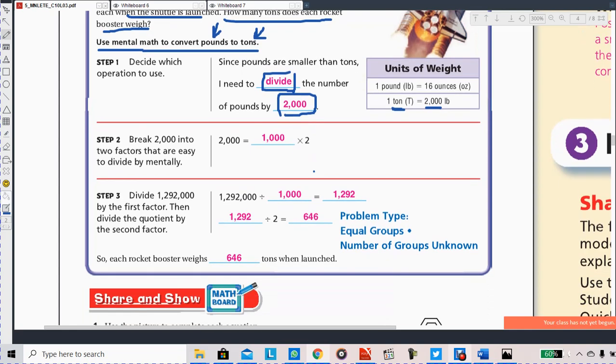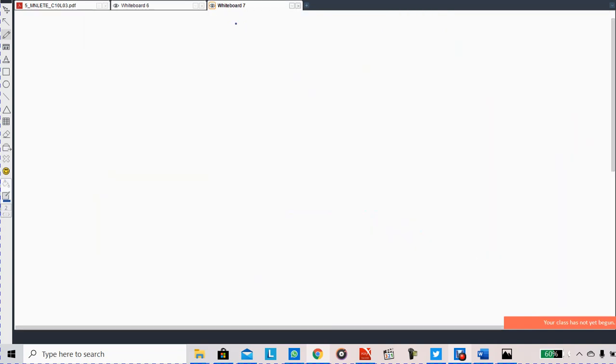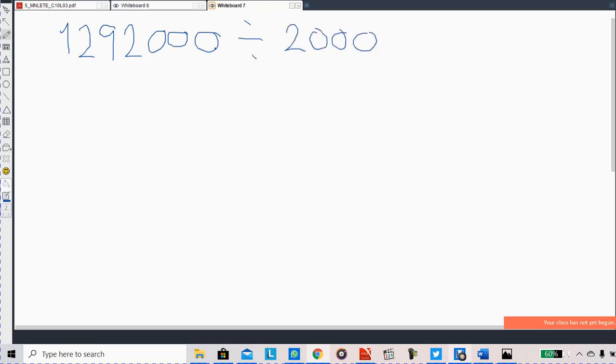Okay, now we can divide by 1,000 first and then divide the answer by 2, or you can divide directly by 2,000. Let's see how we can divide by 2,000.